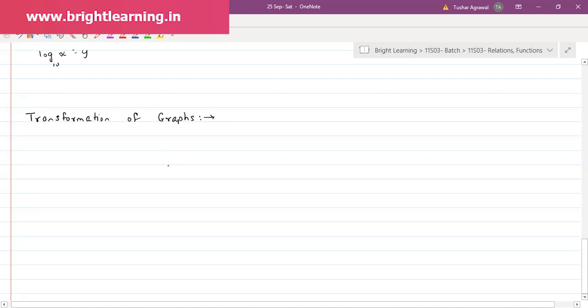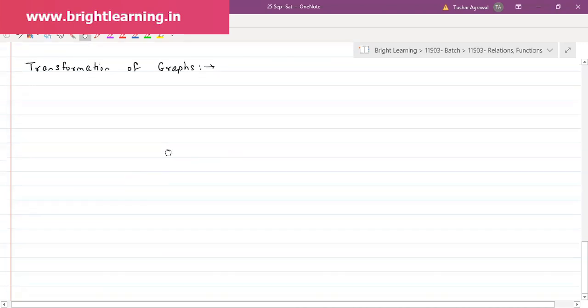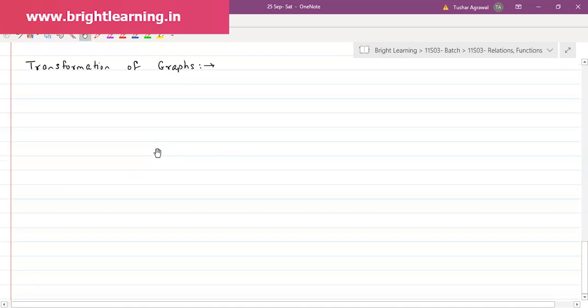Yes, first let's do transformation of graphs and then I will tell you trigonometric function graphs also. Today I actually want to start with transformation, then we'll do trigonometric graphs. We will do trigonometric graphs and the inverse of trigonometric together, because I will have to teach you a slight introduction to inverse trigonometry.